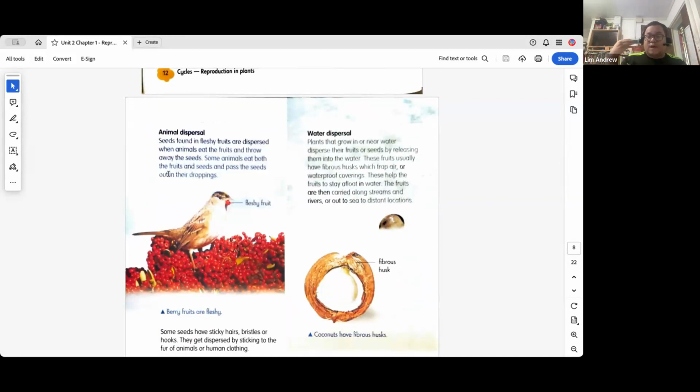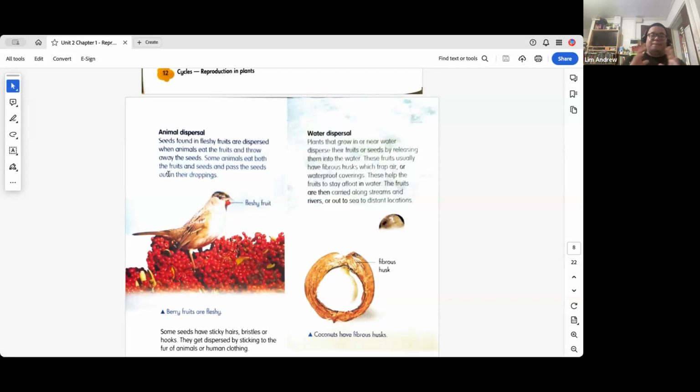Well, the thing is, when the animals eat the fruits, they eat the seeds together. So the seeds will not be digested in the animal's stomach. Instead, the seeds will come out together with the bird droppings in another place.